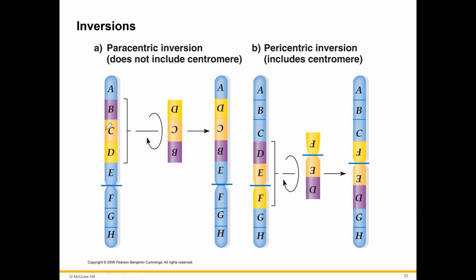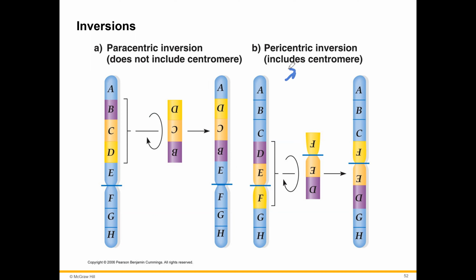So you see genes A, B, C, and D. Then the cut was made over here, and over here, and then the segment was flipped. And here's our result. So now we have A, D, C, B, and F. So we have the same genes, really, but they are in a different order, but they're still present.